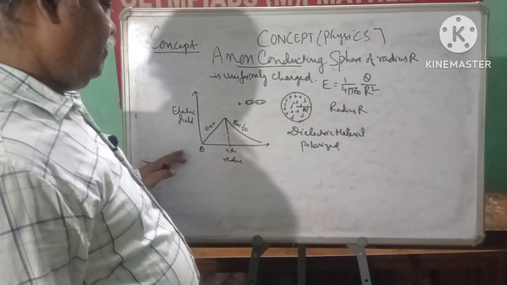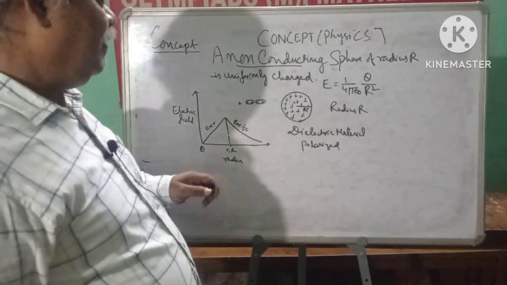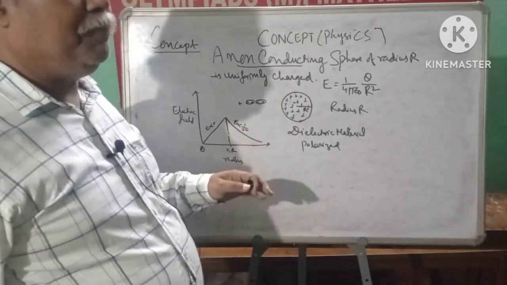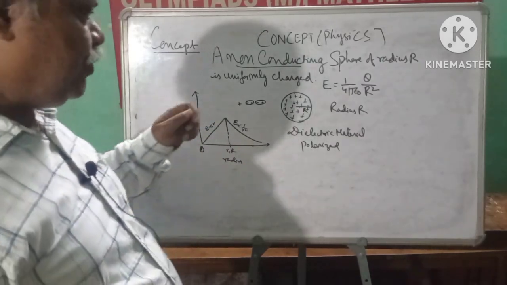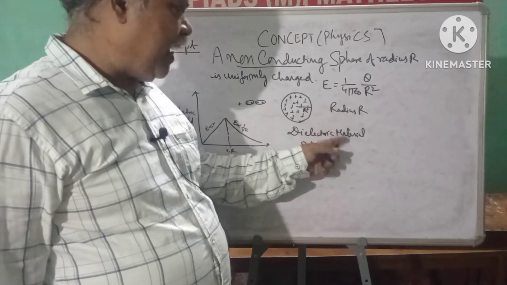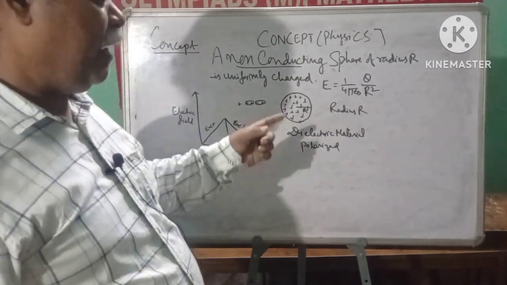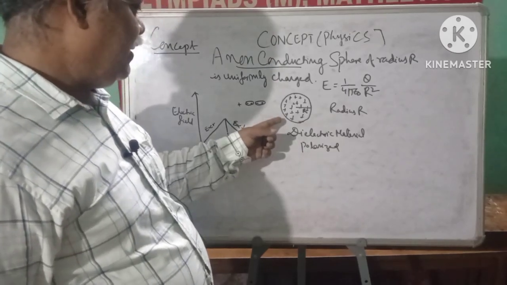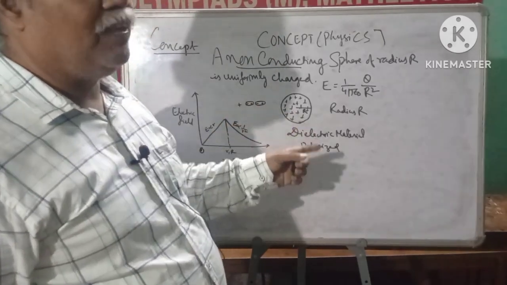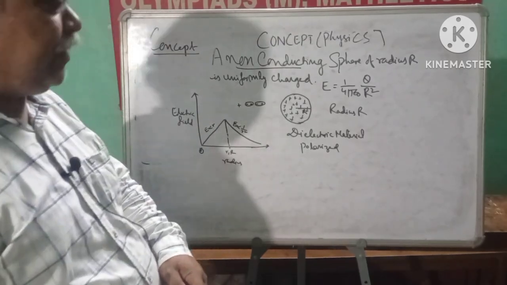This is the graph, but the concept is that you may feel, how can there be an electric field inside a solid sphere? This is possible. Think of dielectric material: dielectric materials get polarized in a capacitor. In the same way, the inside of the sphere gets polarized. So this is the concept.